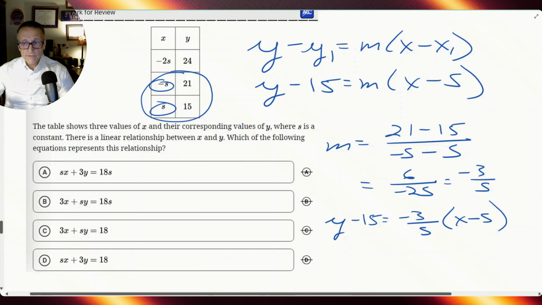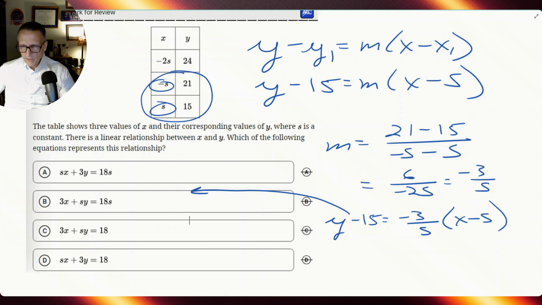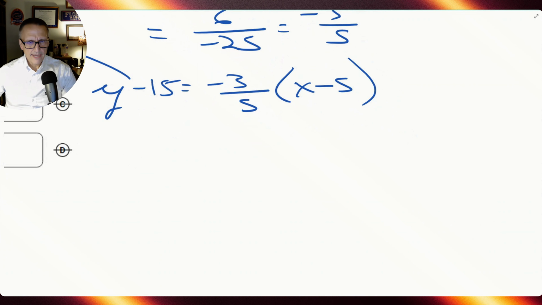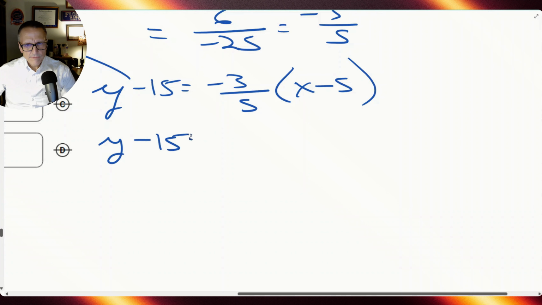Now, that's the equation of the line. And what I have to do, though, is I have to do some algebra rearrangement to match it to one of these answers right here. So I can see that there is no s in the denominator here. So it looks like what I need to do is to multiply both sides by s. So we'll come back and look at our answers here in just a minute. But let's do this. Let's do y minus 15.